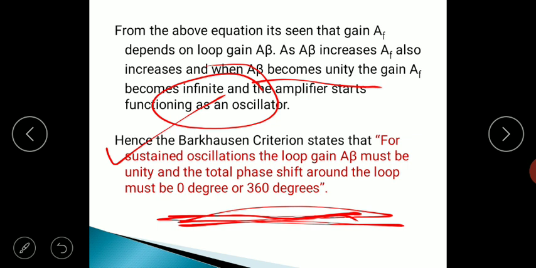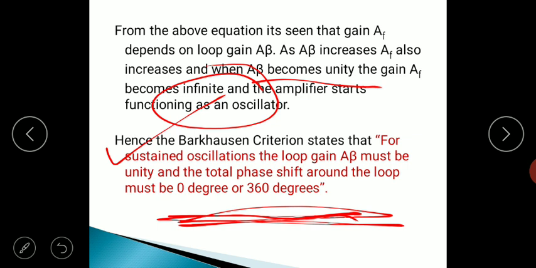So once again I am repeating, the Barkhausen criterion can be stated as: for sustained oscillations, the loop gain A beta must be unity and the total phase shift around the loop must be 0 degree or 360 degree. Then only can the amplifier start functioning as an oscillator.